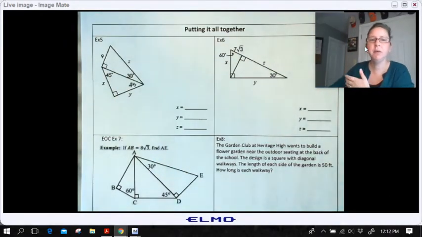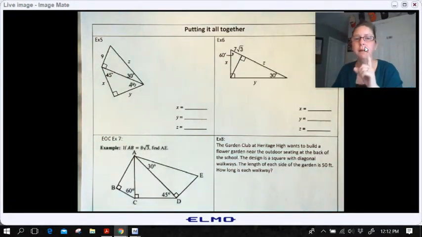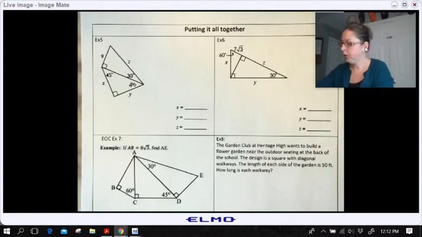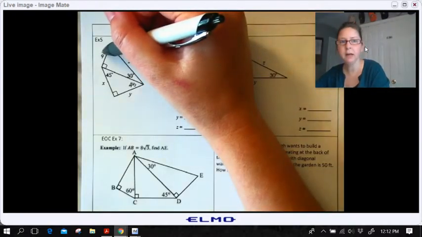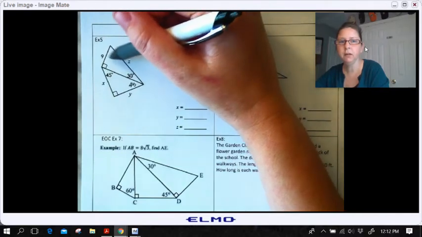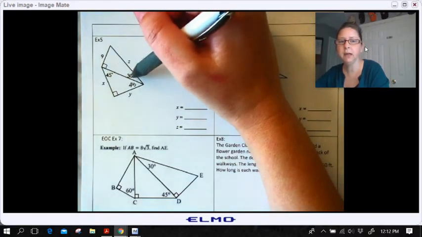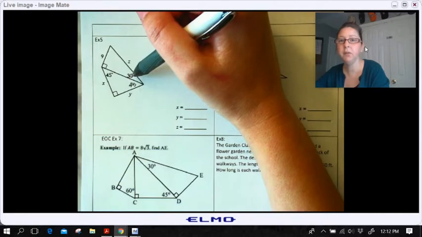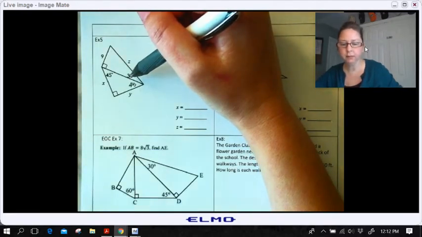They've given me the angles, and then they've given me one of the sides. So this is a 9. I'm starting here. Now this is on the leg of the 30, 60, 90 triangle, and it's opposite the 30, which means that this is the short leg.